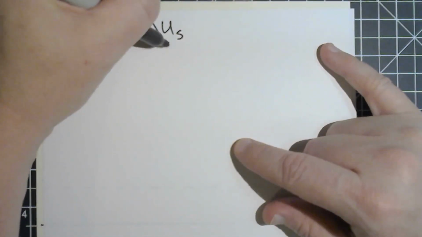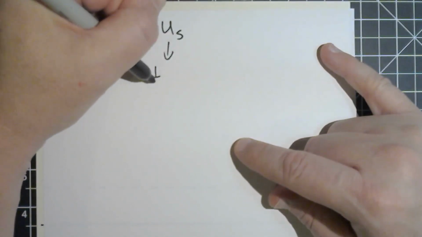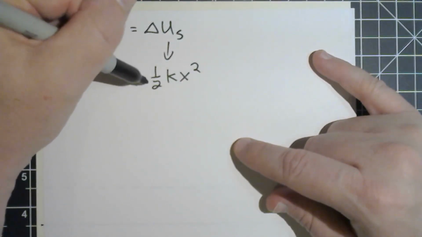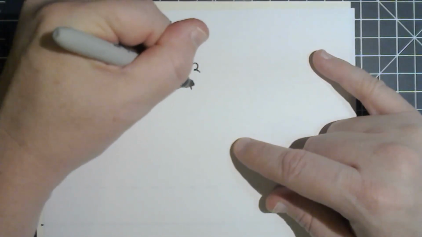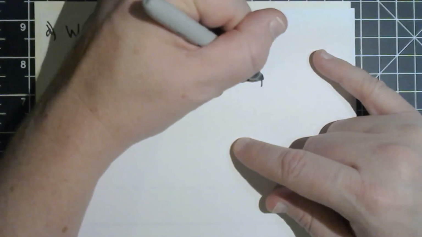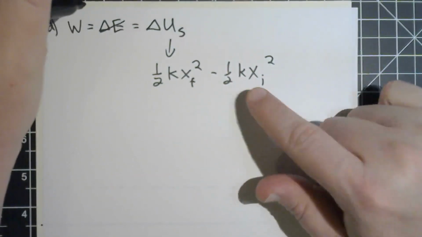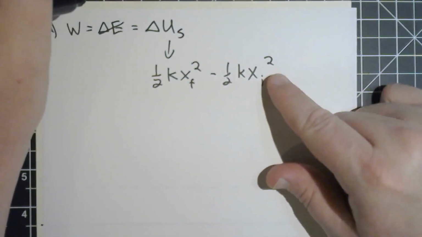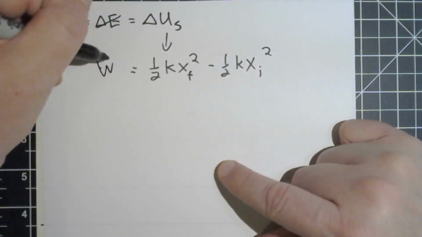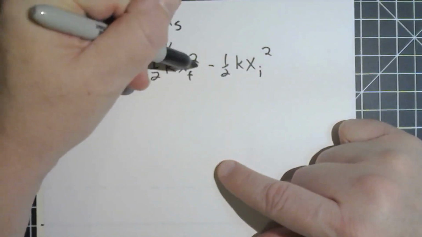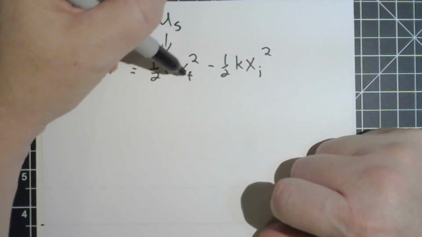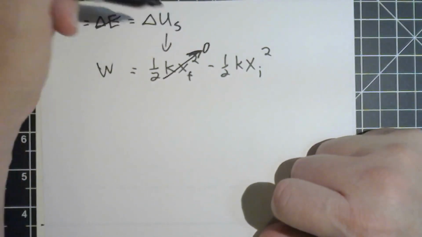Well, if you don't recall, the equation for elastic potential energy is 1/2 kx squared. So what I can do is 1/2 k final squared minus 1/2 k initial squared, or kx initial squared, where the initial distance here is what we're talking about. Now once again, you're going to get some kind of a negative term, because finally, after that spring has been relaxed and pushed the block to the left, this distance x will be 0.